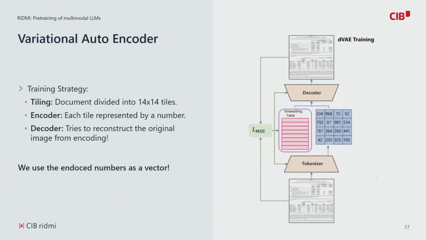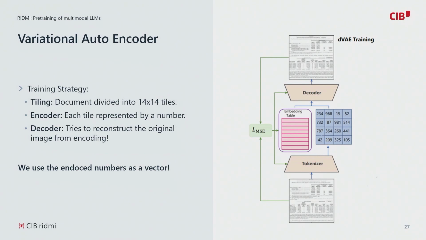Then another feature is much more involved. It's a variational autoencoder that we trained in another research project. And the idea is, you have a network that learns to reduce the size of a document to a very small bunch of numbers. It goes over the whole document, and for each tile of the document, it just says this tile is now represented with one integer number.